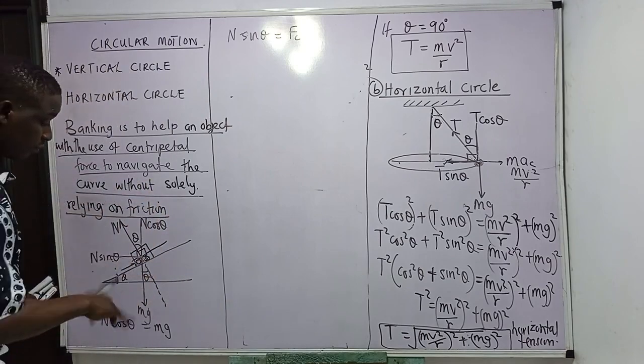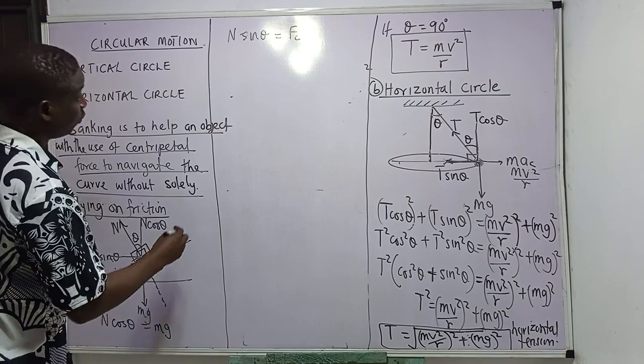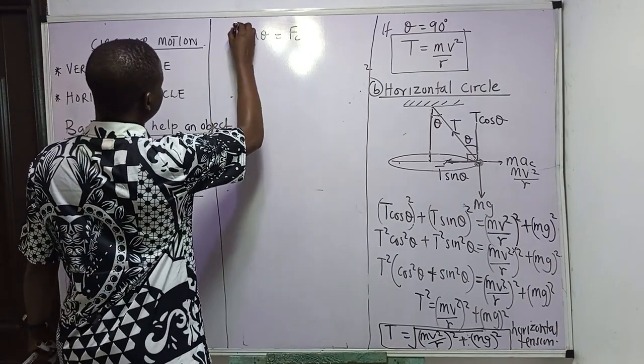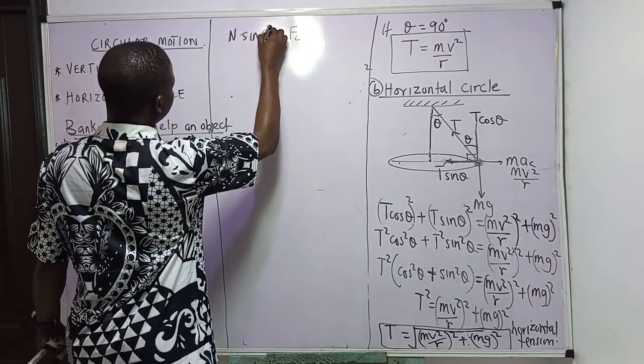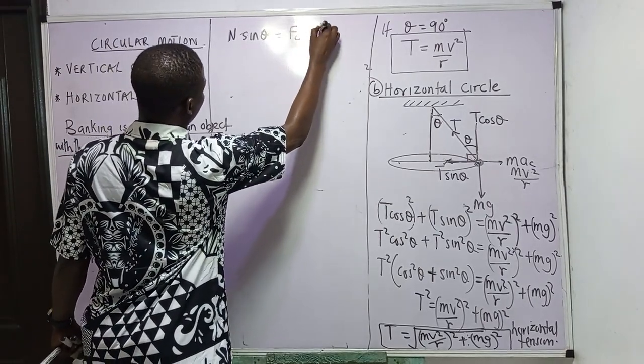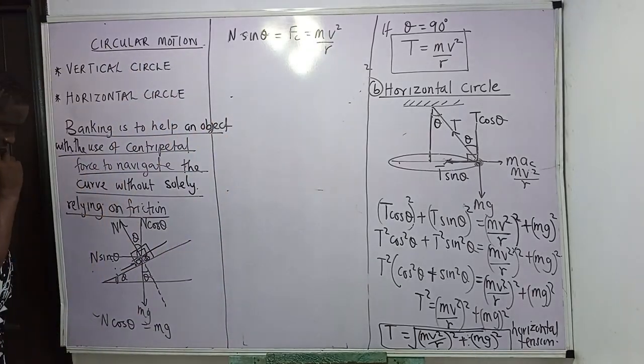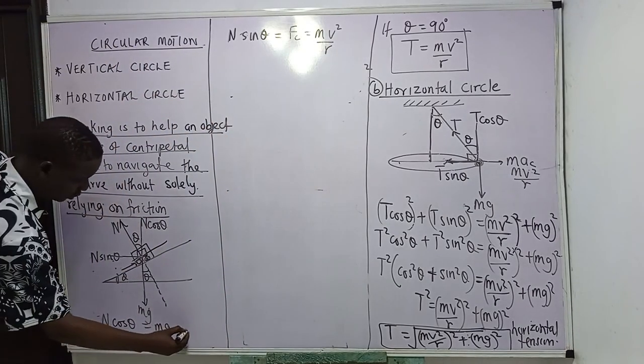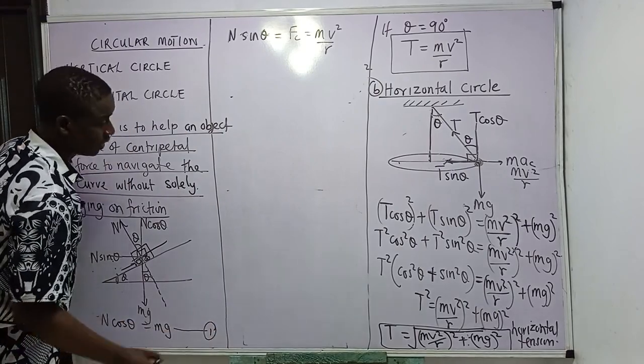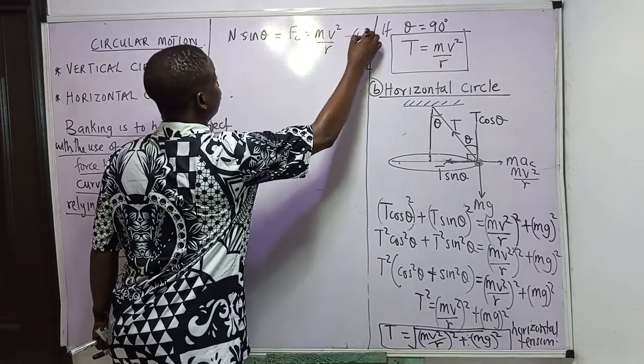In this case, N sine theta is equal to the centripetal force, mv square over r. Having gotten that, let's call this one equation 1 and this one equation 2.